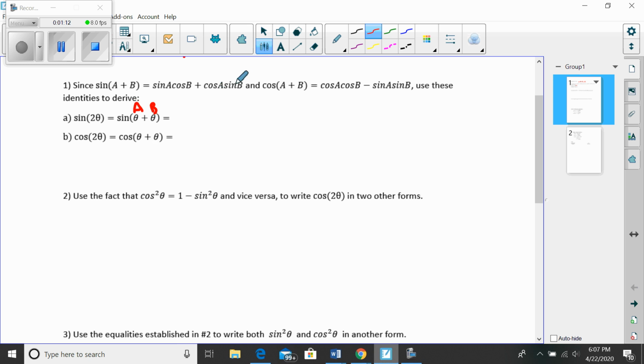So if I plug in using this formula, I would get sine A, so sine theta, times cosine theta. And then over here, I would get cosine theta times sine theta.